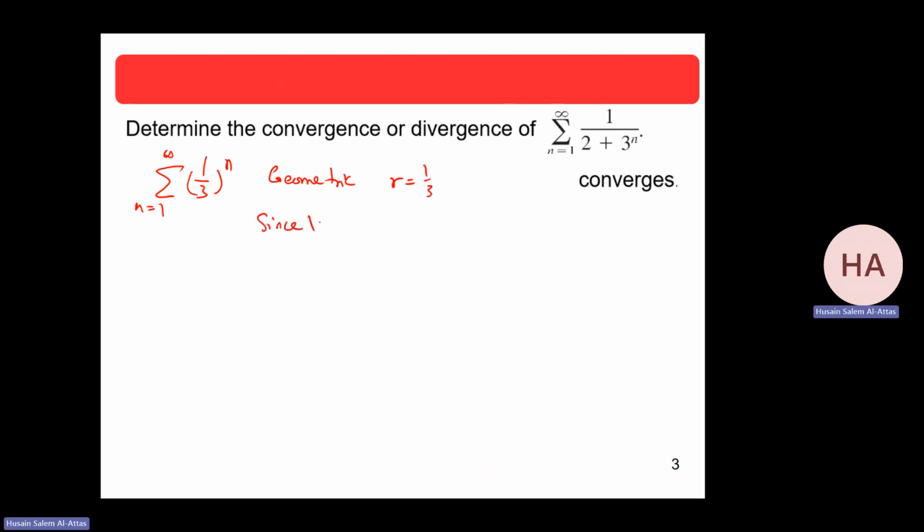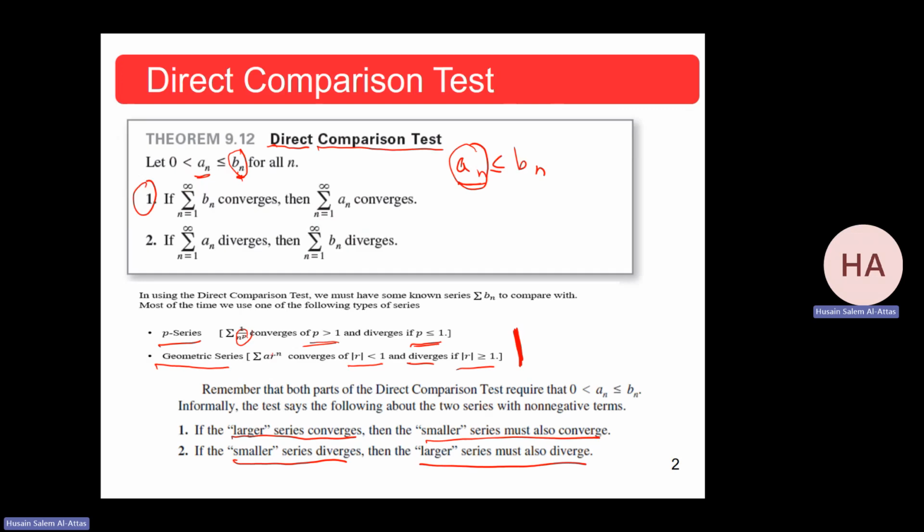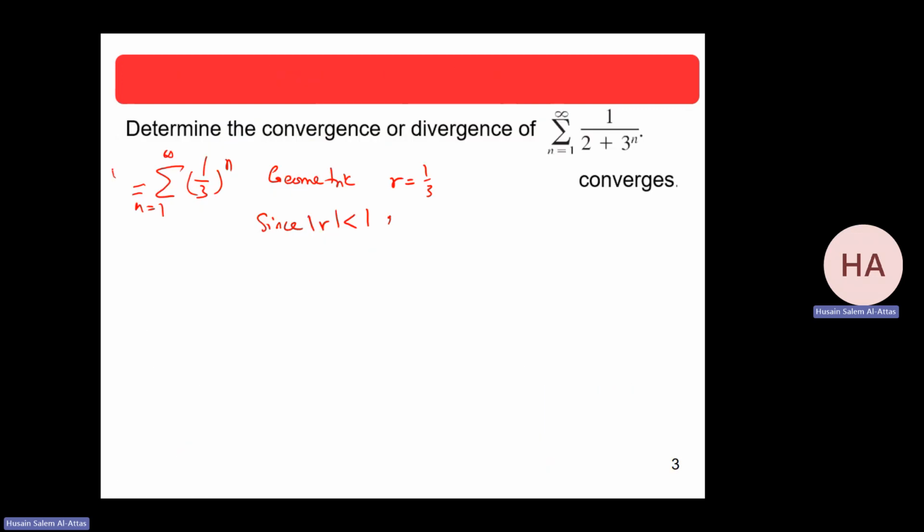Since the absolute value of r is less than 1, let me call it b_n, since a_n is less than b_n. That implies the series b_n converges.